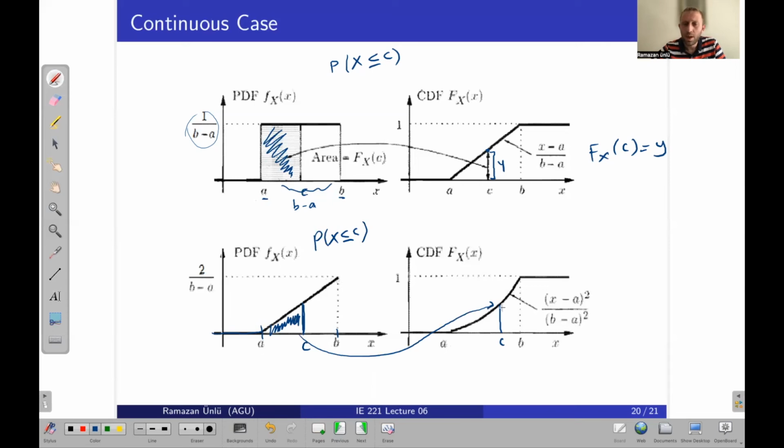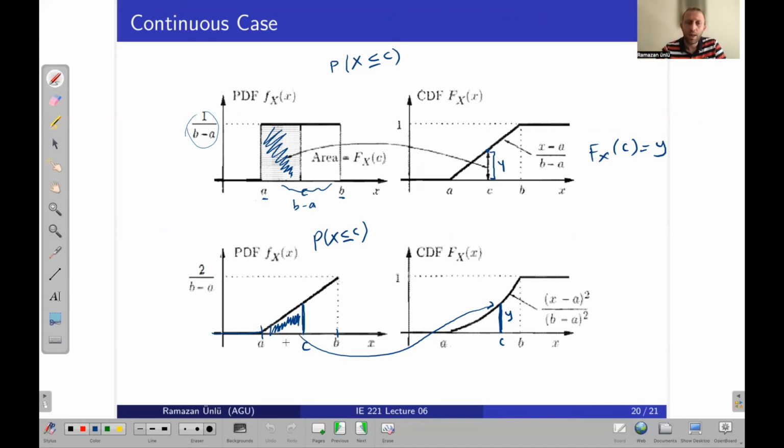Okay, and the height of this point, the value of f of c, let's say y, will correspond to the area of that PDF. Okay, if we sum up, this is the relationship between the CDF and the PDF.